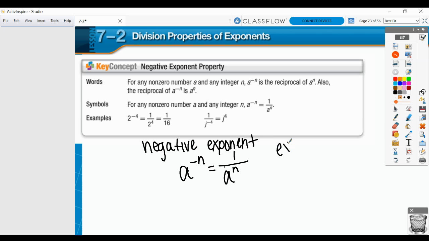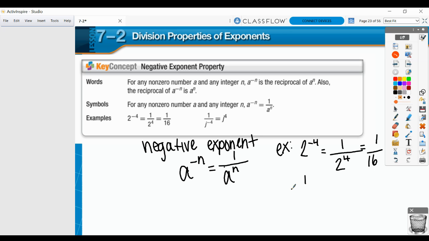So for an example, if you would have 2 to the negative 4th, you would put the 2 in the denominator and then make the 4 positive. And 2 to the 4th is 16.